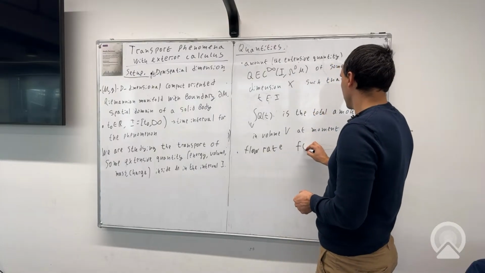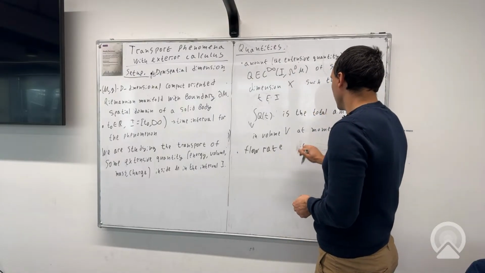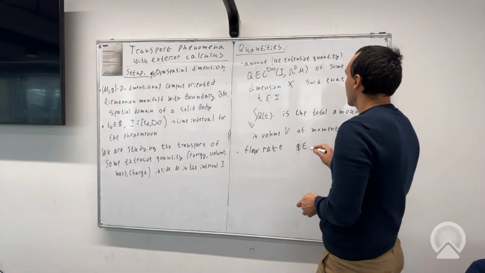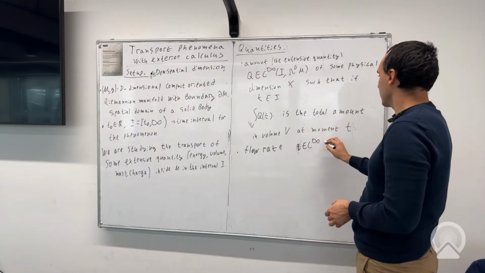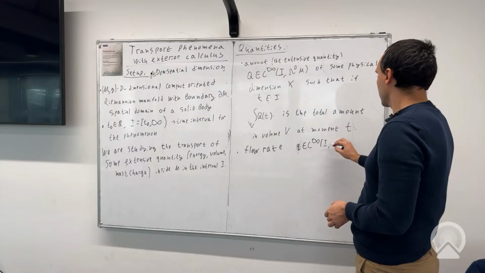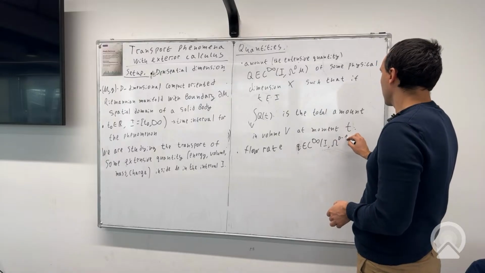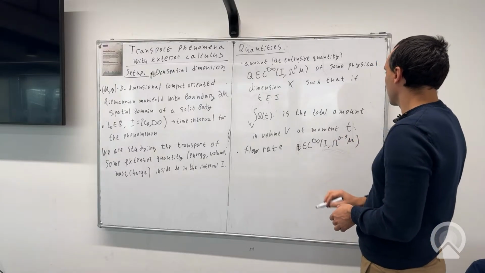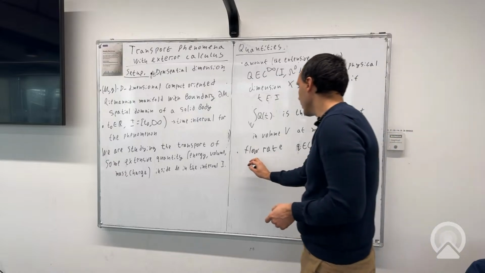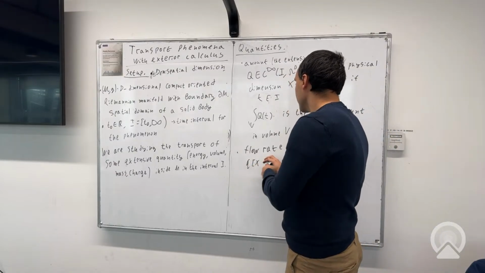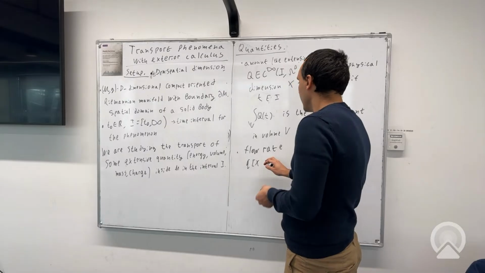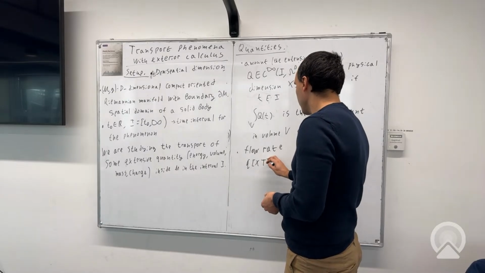We have flow rate. F, I call it Q, which is a d minus 1 form. Q is of dimension power. So it's not power, but amount per unit time.